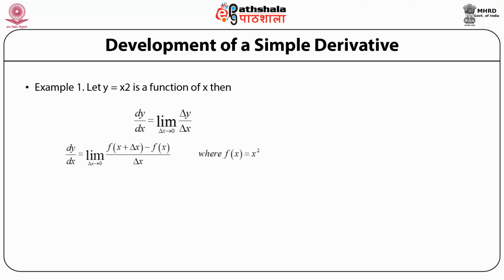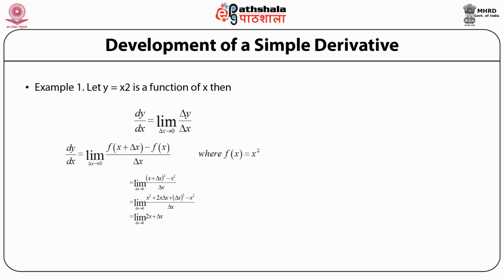For y equal to x squared, the function just squares the argument. The argument here is x plus delta x. So we square the argument: x plus del x squared minus x squared divided by del x.